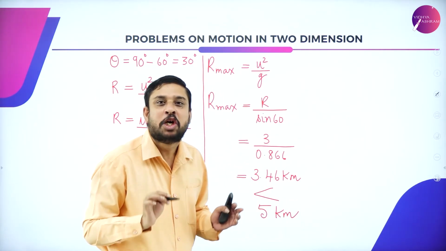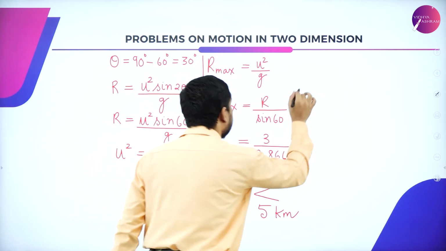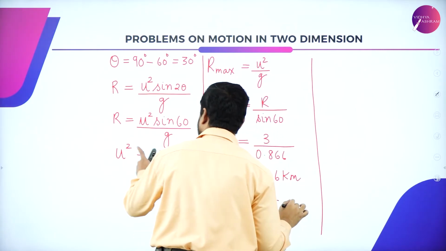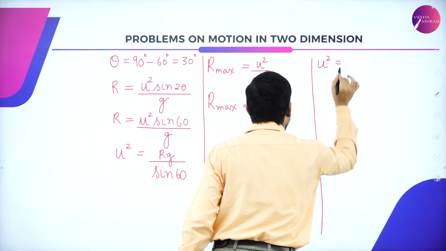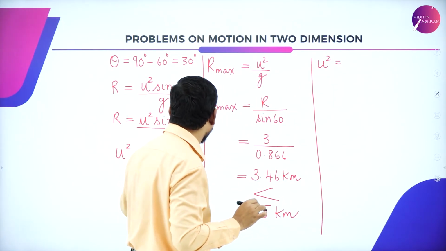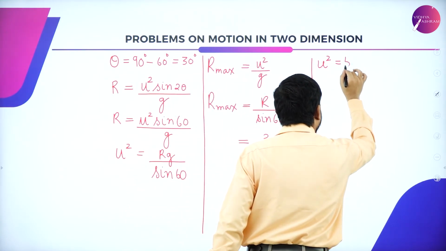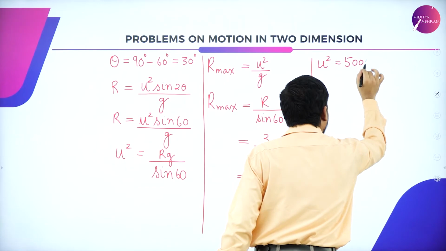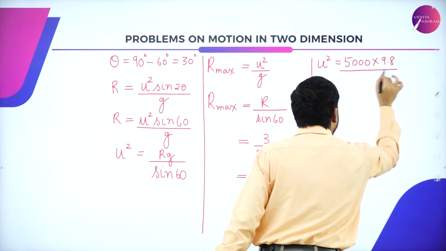So I need to adjust my velocity of projection. So substituting here, now u square. Now what is u square equal to? R into g. Now this is 5 kilometers or 5,000 meters.